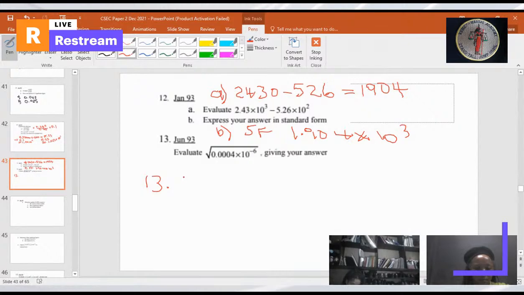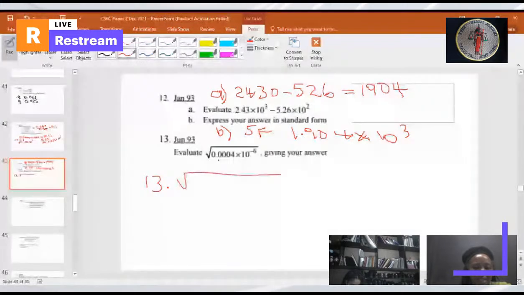0.0004 times 10 to the negative 6. Tell me step by step. This times 10 to the negative 6 would give what? It wouldn't be negative. It just means you're dividing by 10 six times, so you're moving 6 places back.